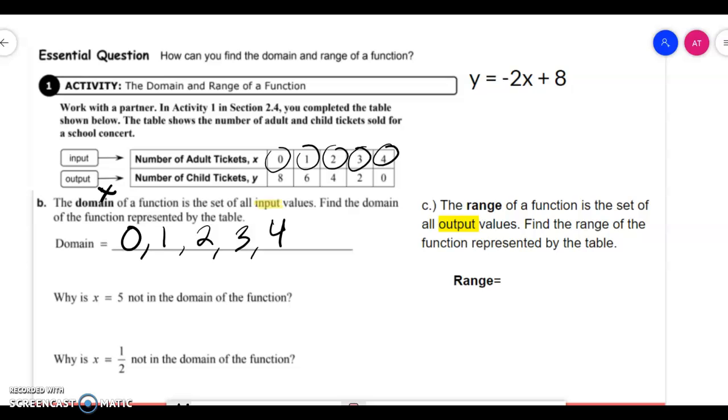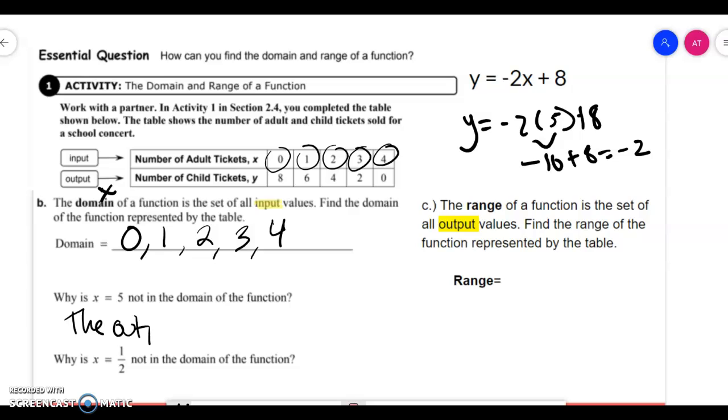So it says, why is 5 not in the domain of the function? Why do you think it's not in there? Well, if we plugged in 5 into our equation, it would give us a negative answer. So the output would be negative. And since we're dealing with tickets, we don't want to deal with any negative money.